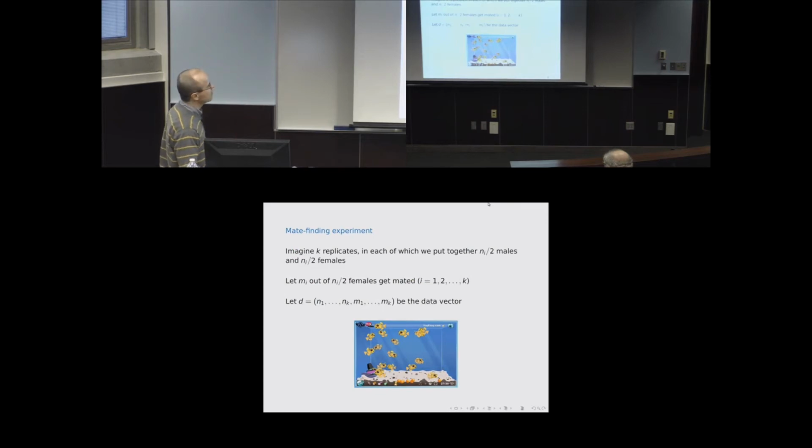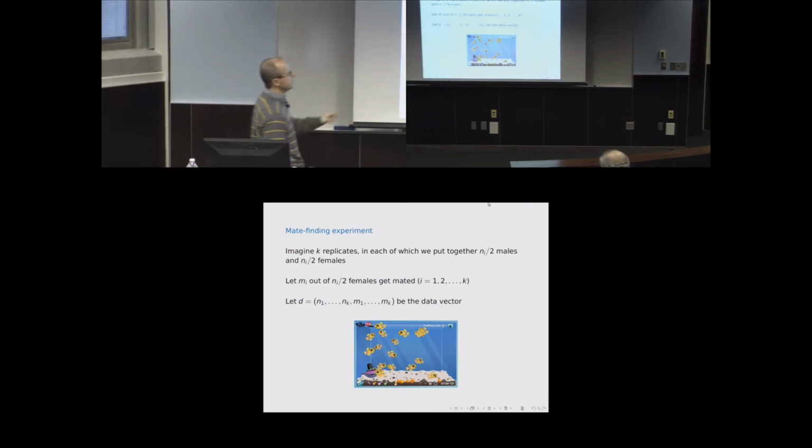To estimate the value of theta, we assume some mate-finding experiment that we have at our disposal, or that some other people performed. We imagine that we have some replicates of the experiment, in each of which we put together some number of males and females in an arena, and observe that just some part of the females get mated at the end of the experiment.